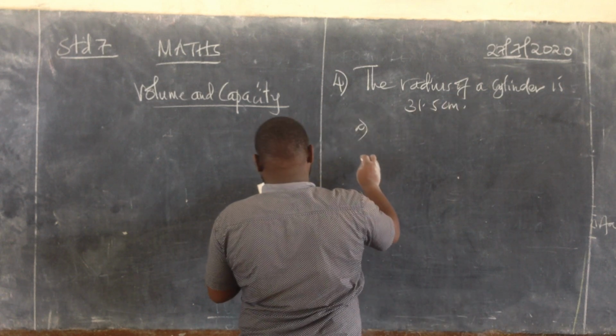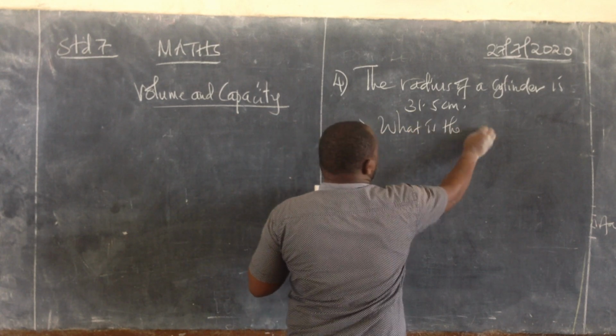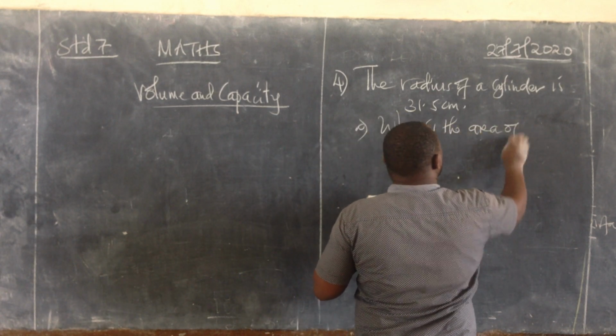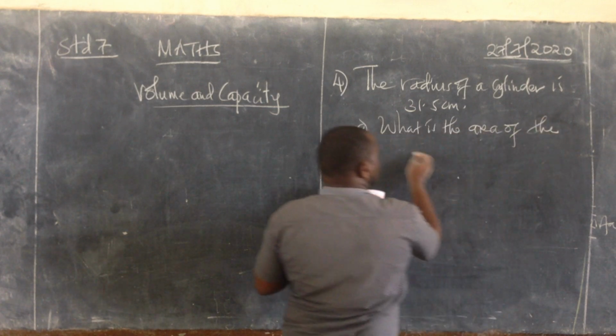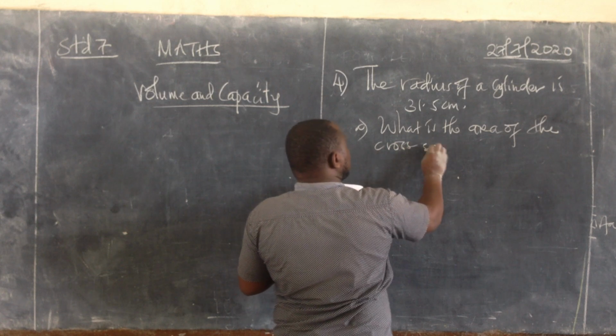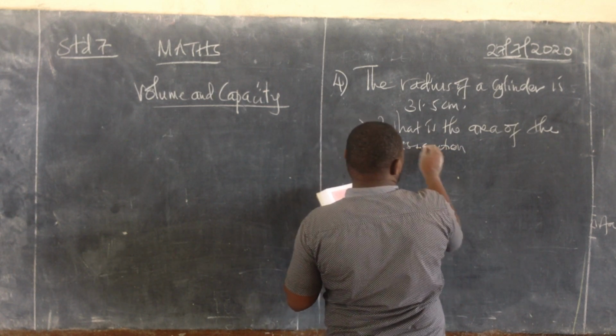And what is the area of the cross section of the cylinder?